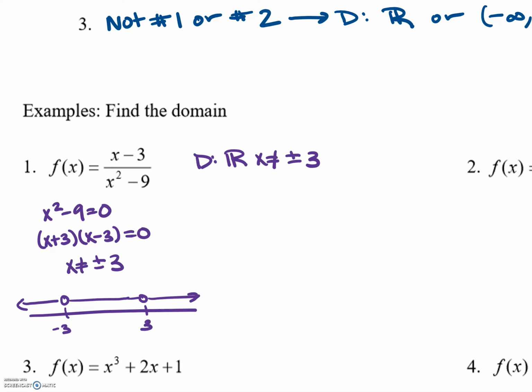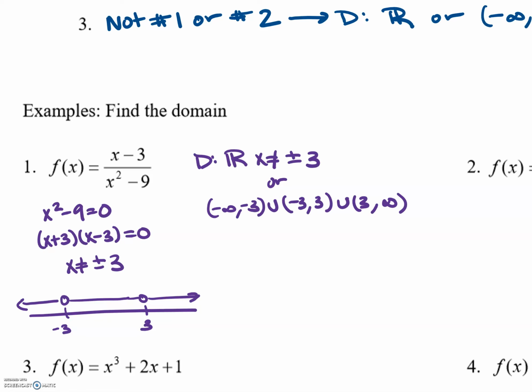See how it's breaking it up into three intervals. So my first interval would be negative infinity to negative 3, parentheses because it cannot equal that, union negative 3 to positive 3, union 3 to infinity.